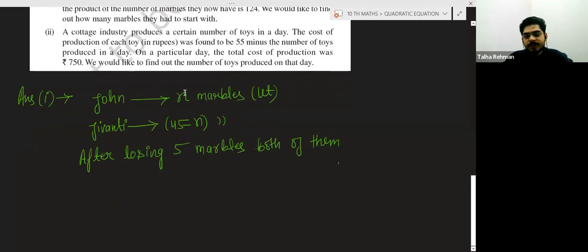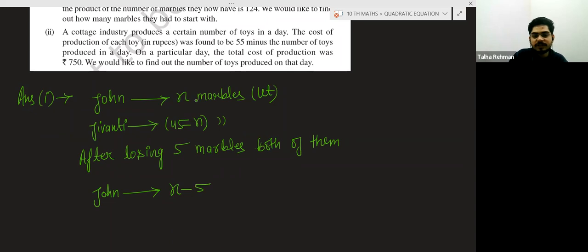Now, if they both have lost 5 marbles, how many marbles will John have? Earlier John had X, now he has lost 5 marbles. So John will have X minus 5 marbles.